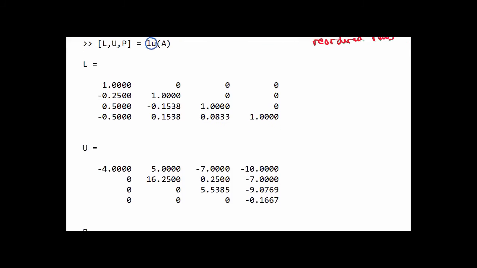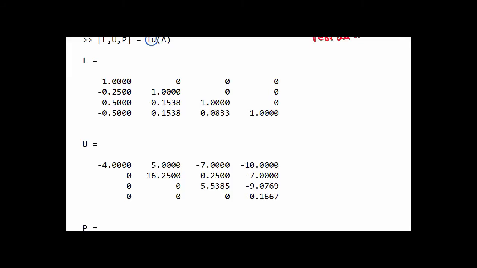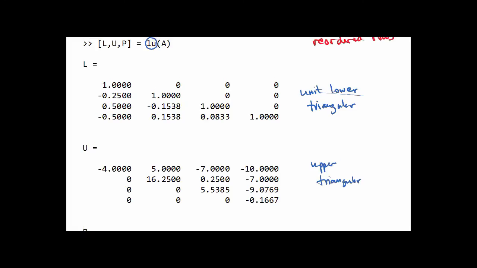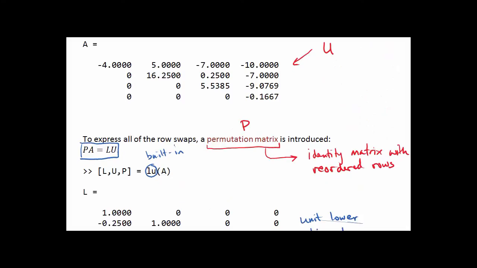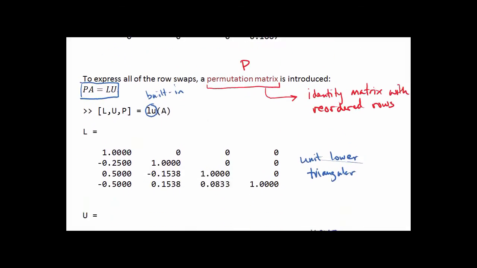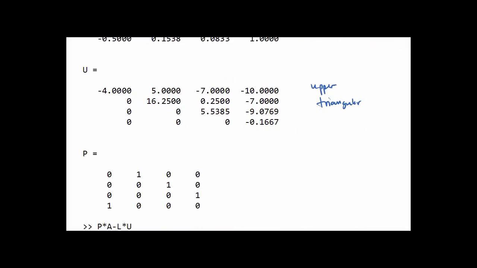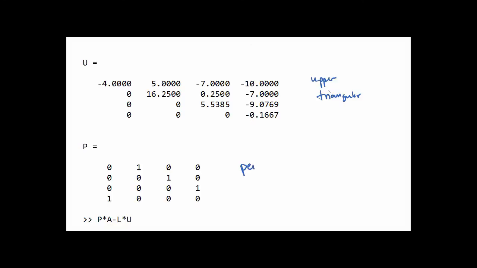So if you ask for 3 outputs from the LU function, you get the L, the U, and the P. Okay, so you see L is unit lower triangular. U is upper triangular. It's the same U that we got when we went through the process before. Okay, it's the same A that we ended up with before. Here's our U. And here's our permutation matrix P.